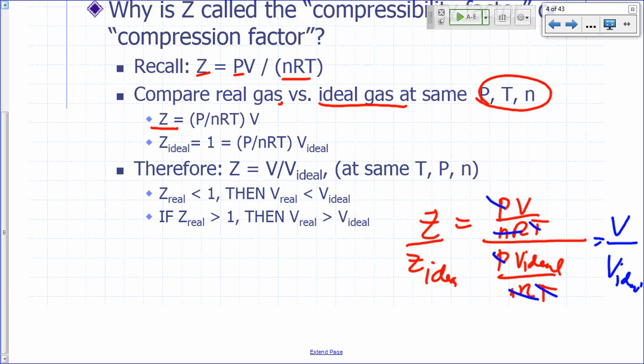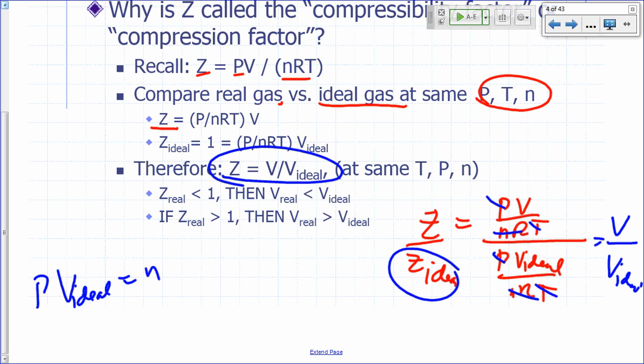But Z ideal is just 1, so Z is really just the ratio of the volume of the gas for that temperature and pressure. You compare the volume of your gas that you measure to what you would calculate as the volume of the gas using the ideal gas law. Using PV equals nRT, calculate the volume of the gas. That will give you your Z. Here's another way of looking at it. Since PV ideal equals nRT, the ideal volume is equal to nRT over P, right?